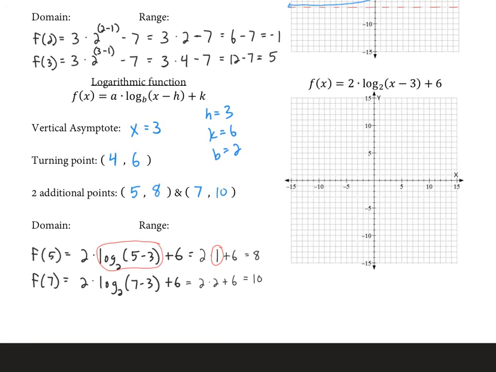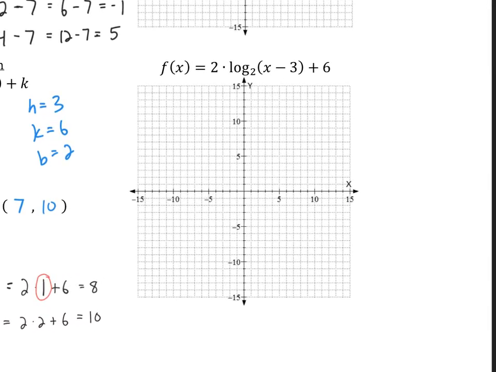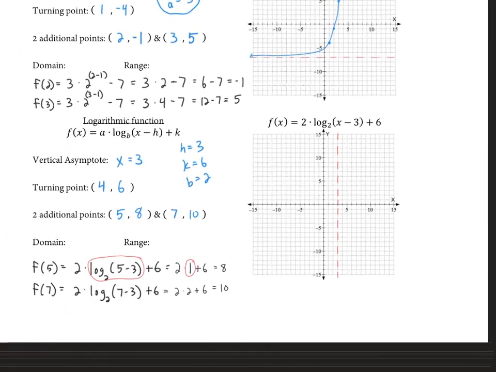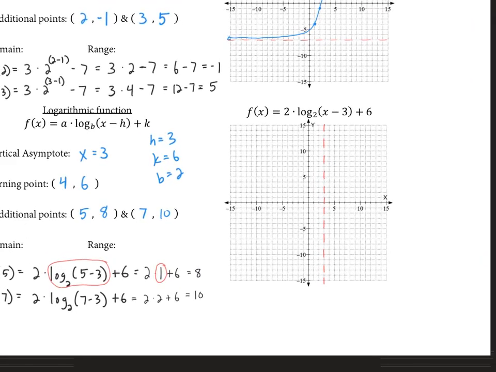Okay, so let's do the asymptote. X equals 3. Okay, the turning point, 4 comma 6.